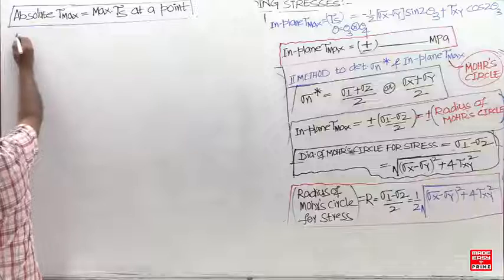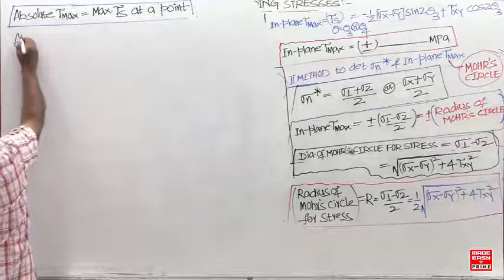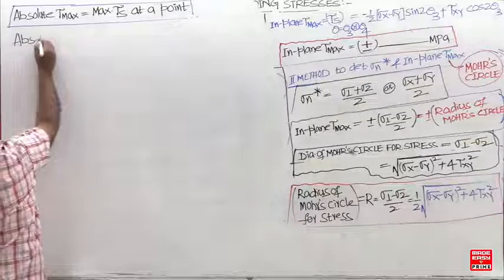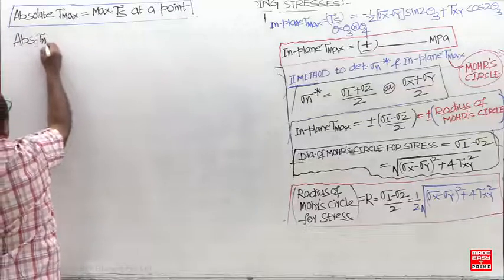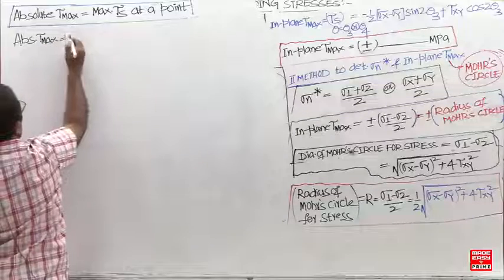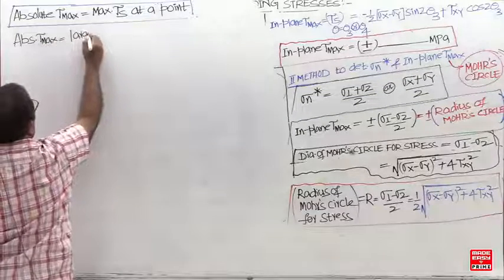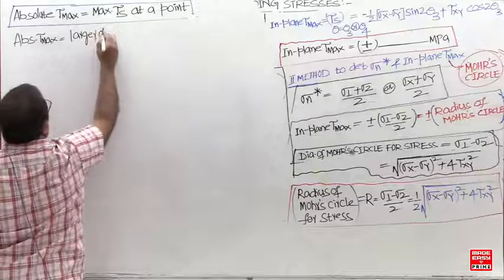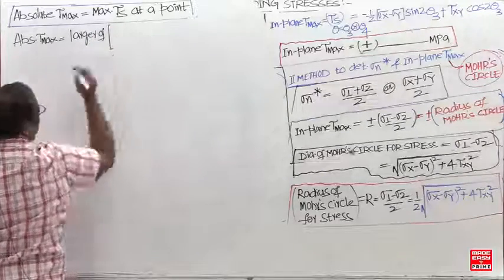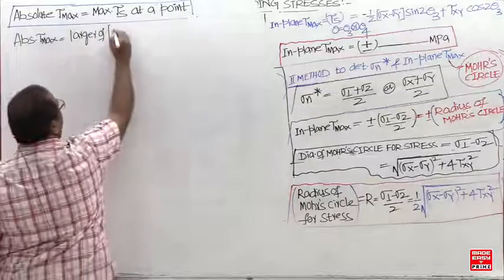Now I'm writing the triaxial equation for absolute tau max: larger of.